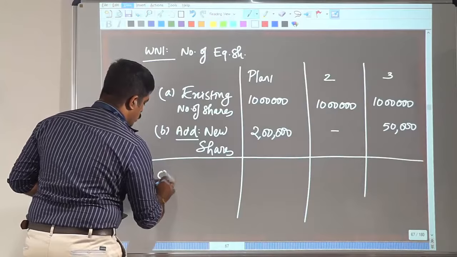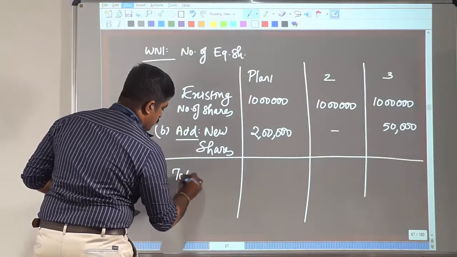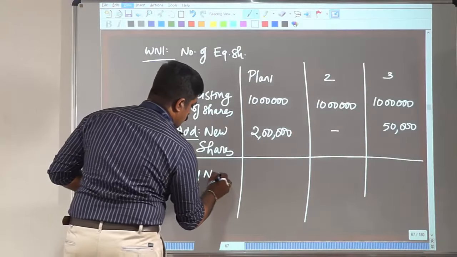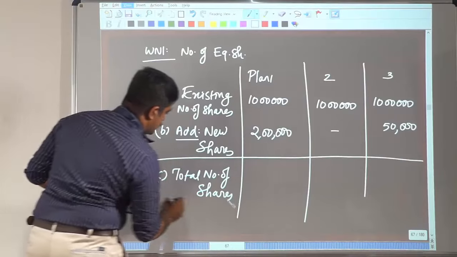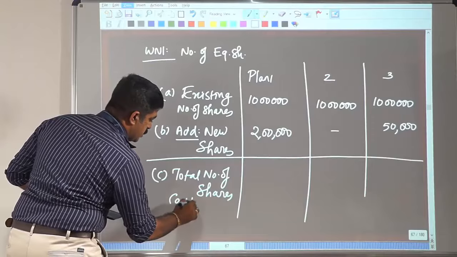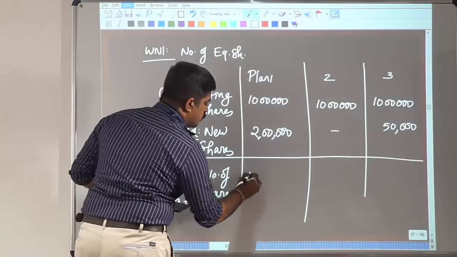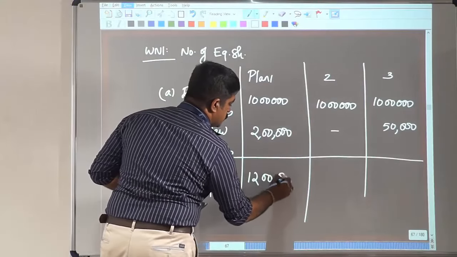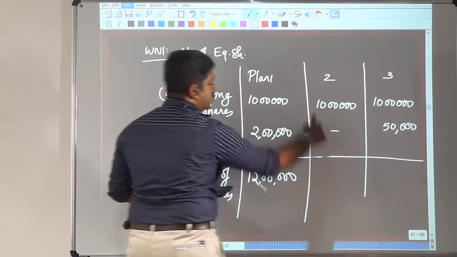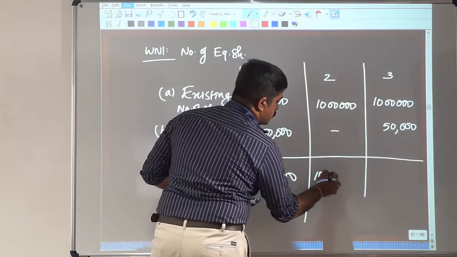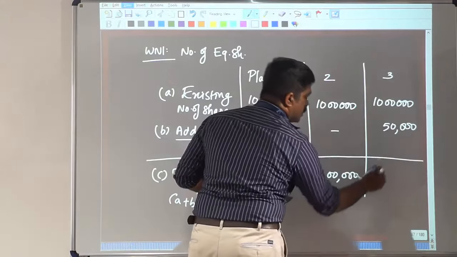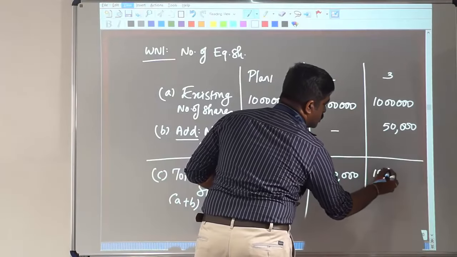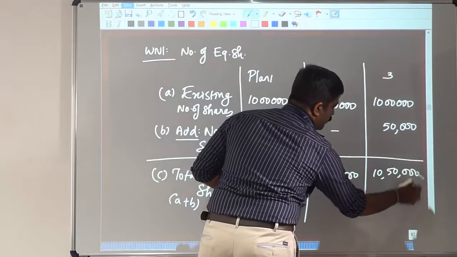It is the total number of shares, A plus B, and here it is 12 lakhs. Here it is only 10 lakhs, and in the third case it is 10 lakh plus 50,000. So it is 10 lakh 50,000.